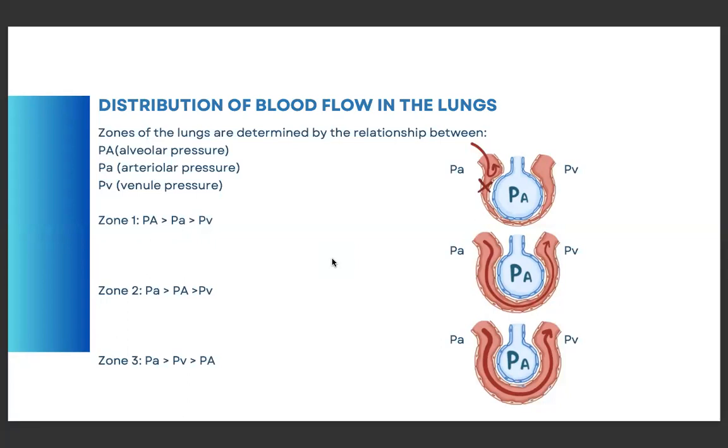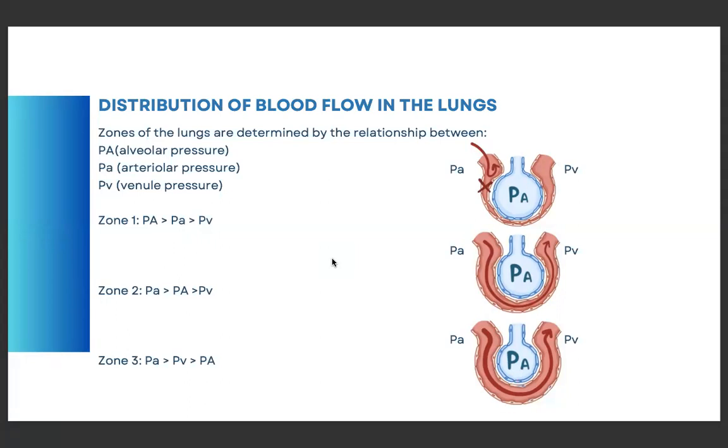The blood flow within zone 3 is the highest, as you can see by the diagram on the right. Because the pressure amongst the arterioles and venules is higher than that in the alveoli, the vessels aren't going to collapse under pressure. They're just going to stay wide open and blood's going to flow through them freely.